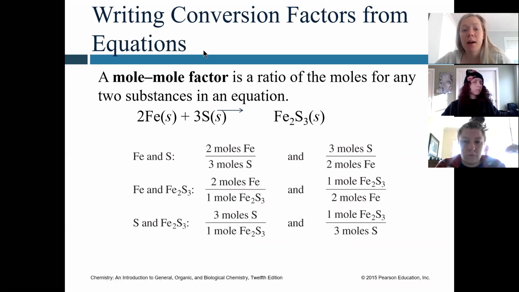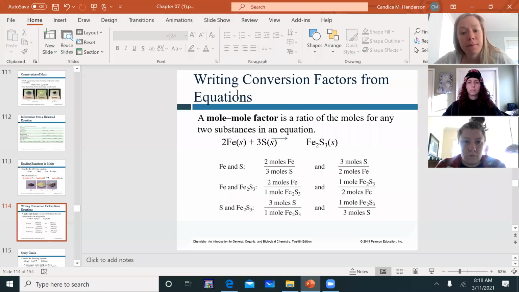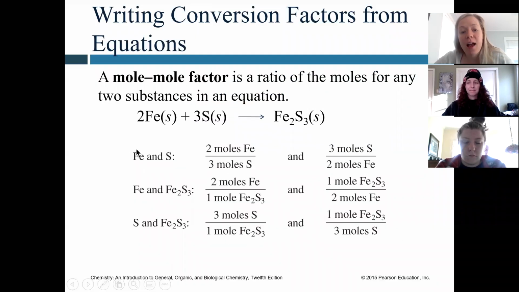We could compare iron with sulfur. I could compare the 2 reactants. I could say, hey, if I've got a certain amount of this, how much of this do I need to fully react with all of that? I could compare iron to the product. I could compare sulfur to the product.